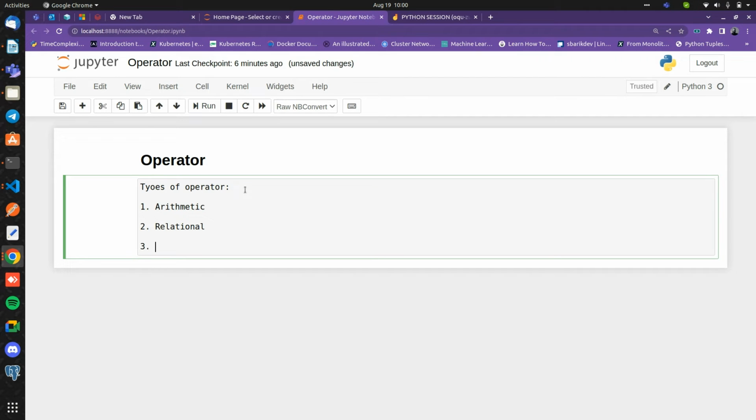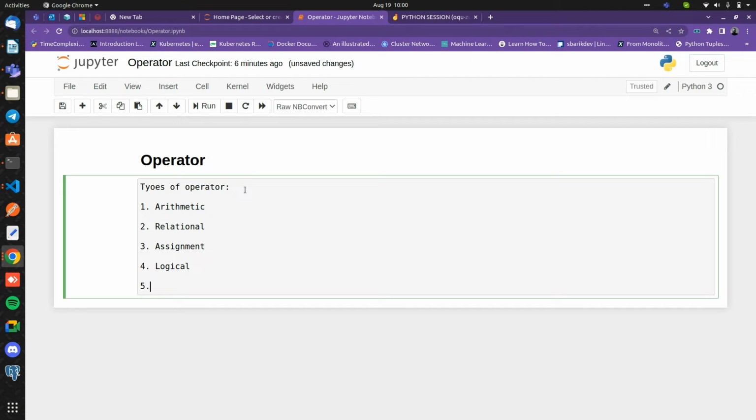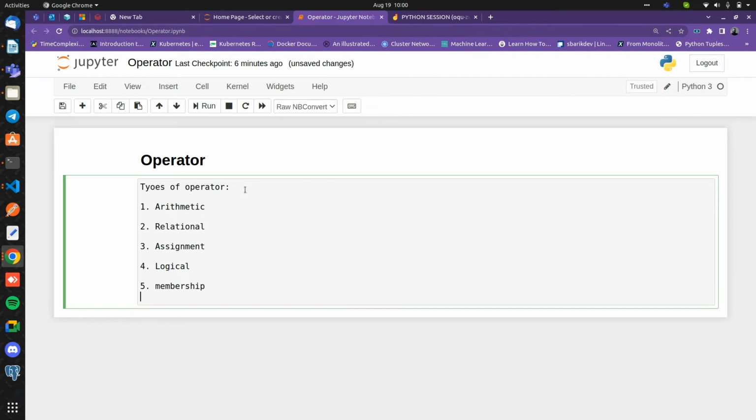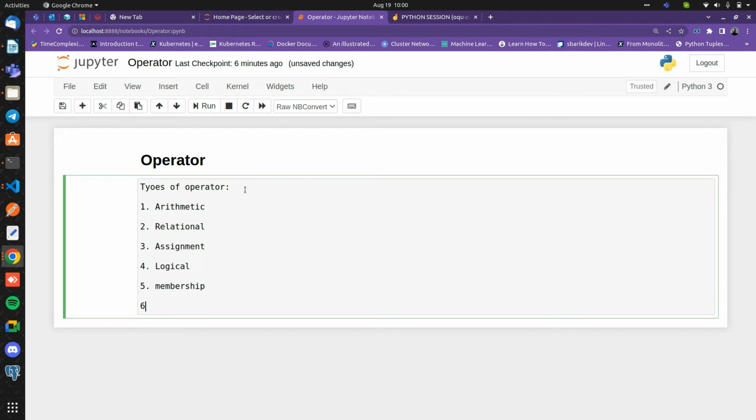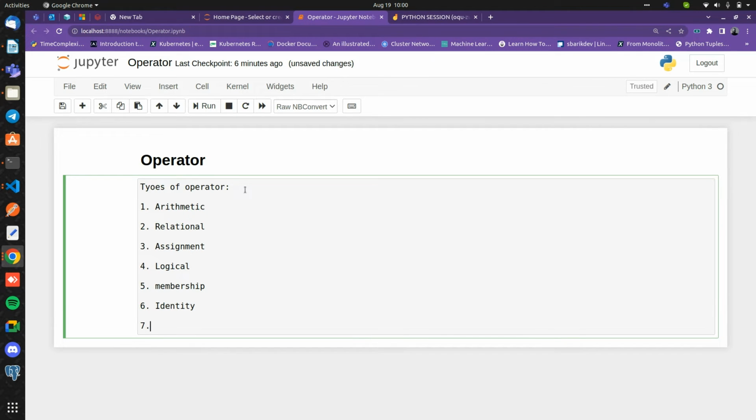Third is the assignment operator. Fourth is the logical operator. Fifth is the membership operator. Sixth is the identity operator. And seventh is the bitwise operator.